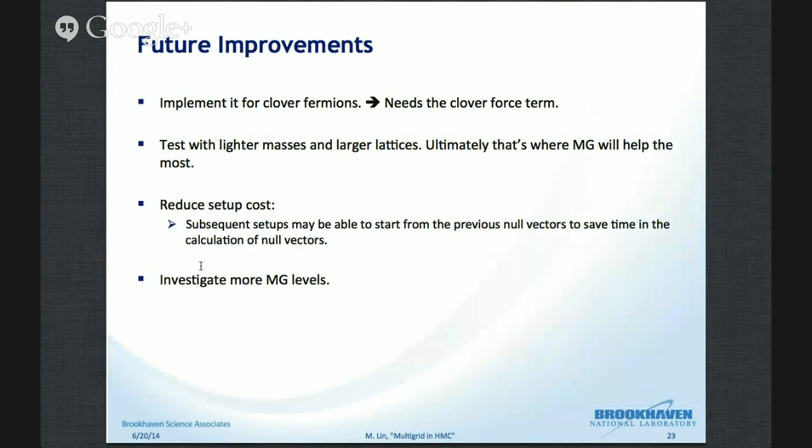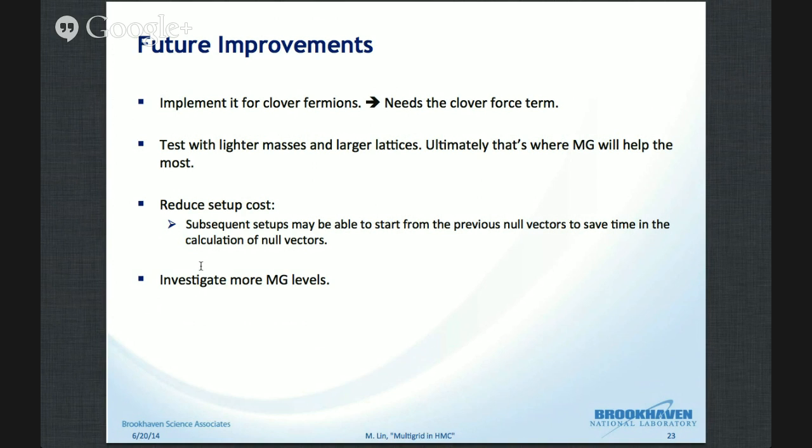Right now, we just need to implement the Clover force term. And obviously, the most interesting question is whether or not this can be useful for lighter masses and larger lattices, because ultimately that's where multigrid will help the most.